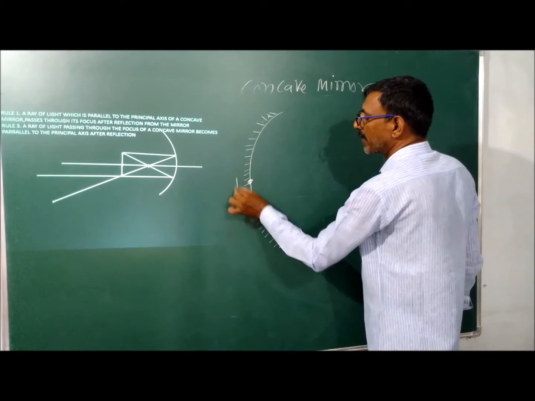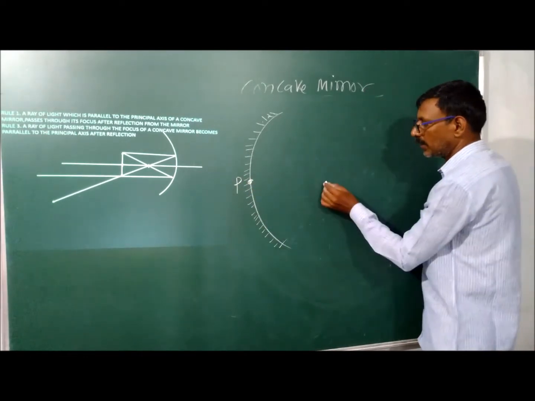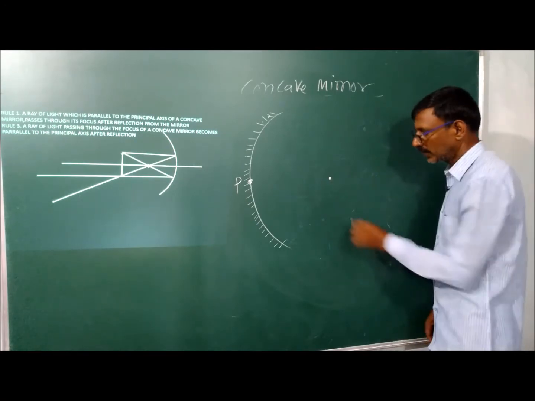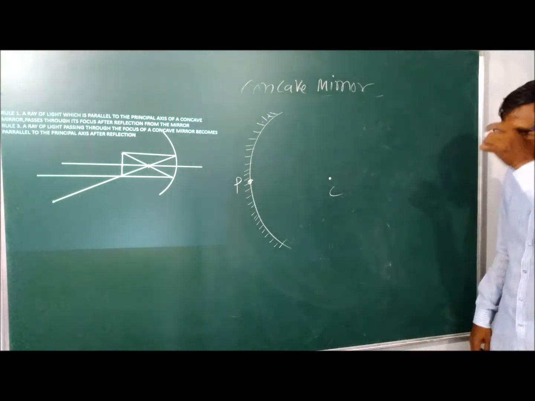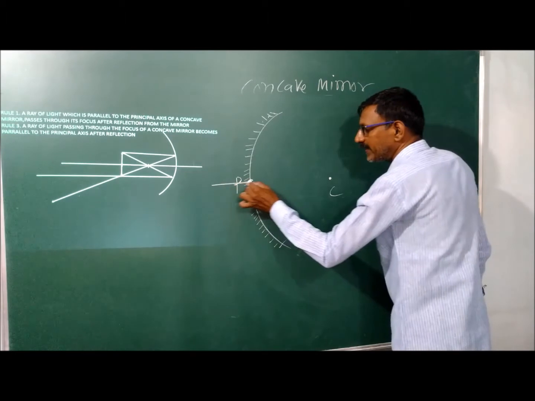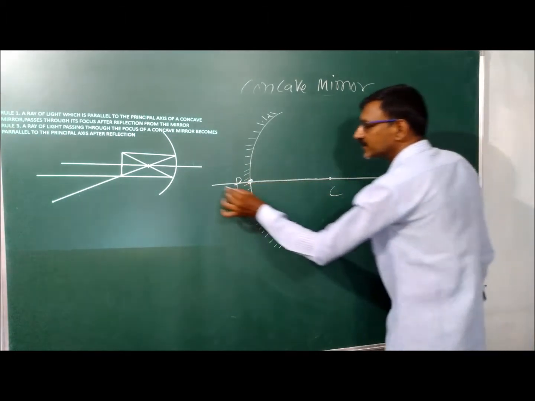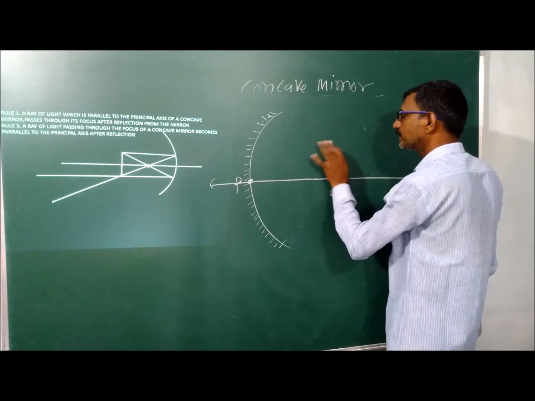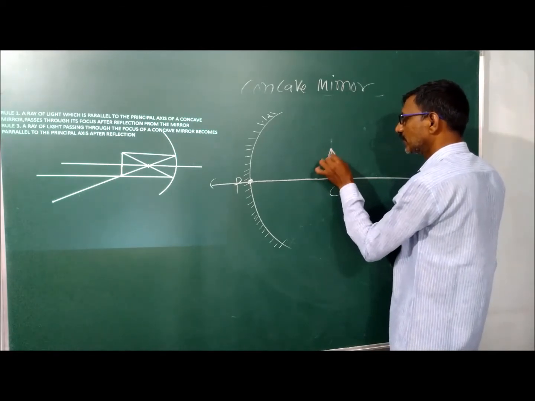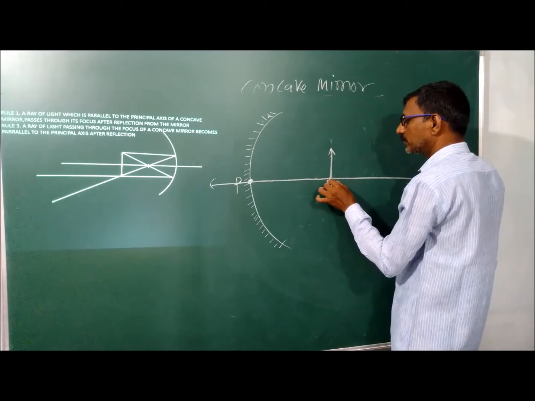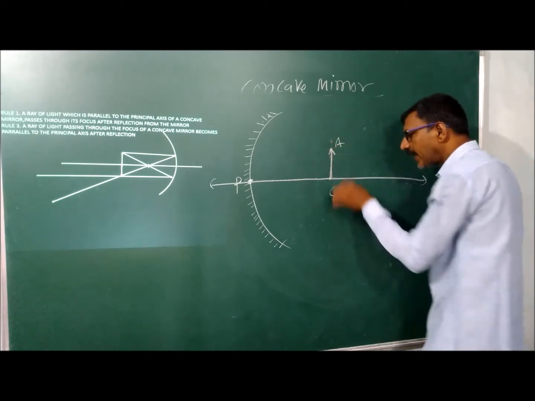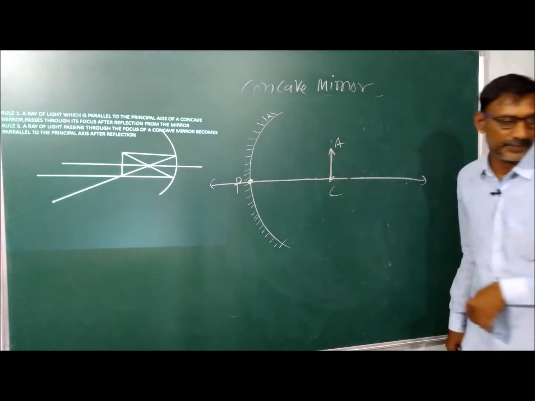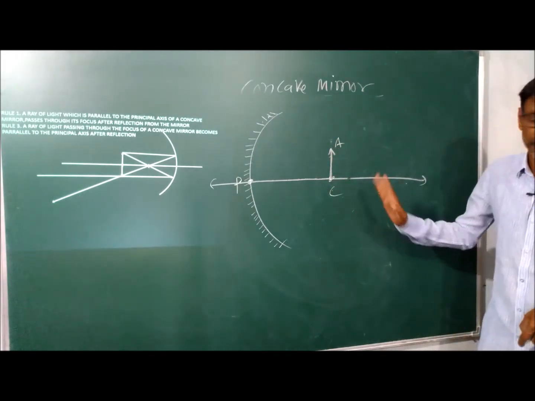This is exactly my pole. Center of curvature I would like to take here. This is my center of curvature. PC is my principal axis. My object is exactly at the C. Yeah, AC is my object. That means at C we take an object.